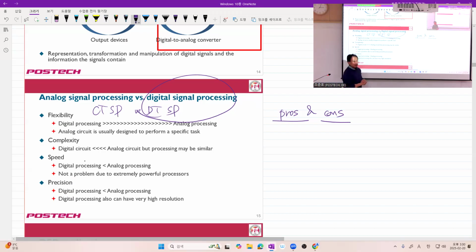However, still the analog circuit is very important. For example, some people say that, especially in this era of artificial intelligence, we have a nonlinear activation function in our neural nets. And nonlinear activation functions have some strange function that looks like that.